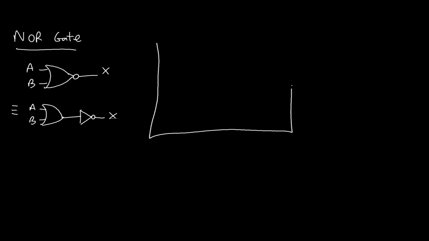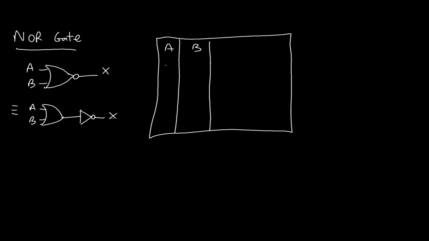Okay. Now then, how about the truth table for a NOR gate. I'm going to have A and B. Okay, there's heading rows in there. Split these up. So why not do the OR function first?